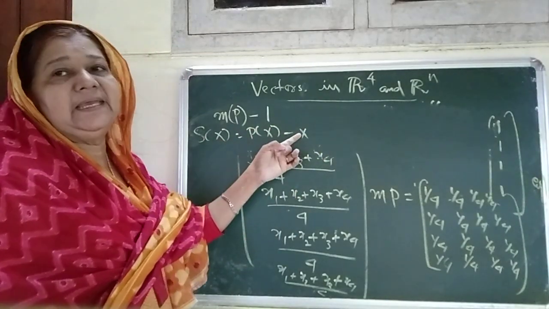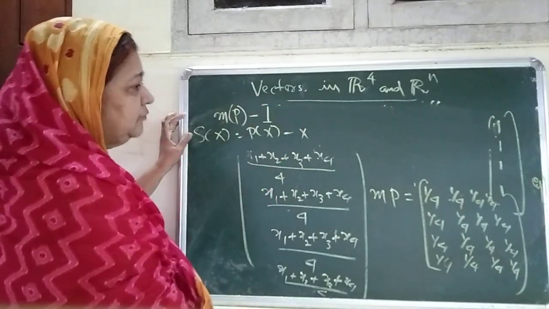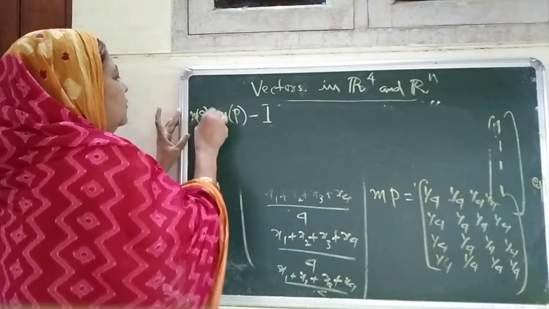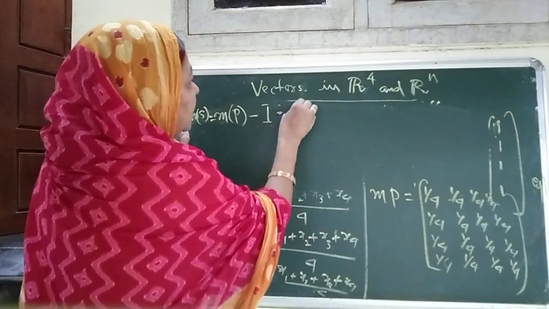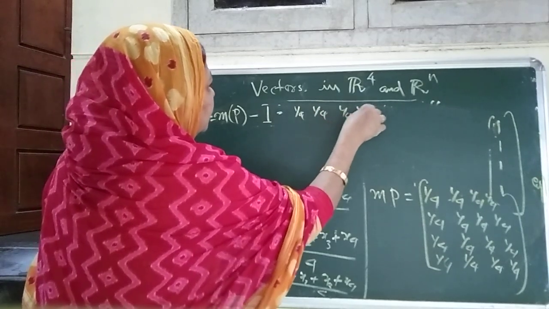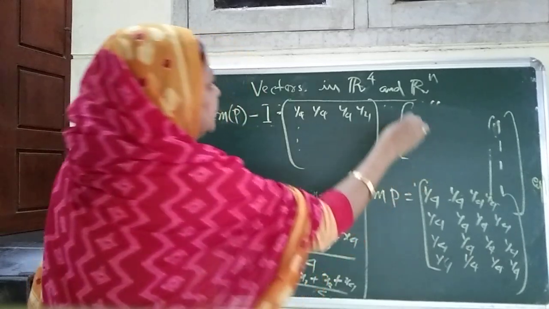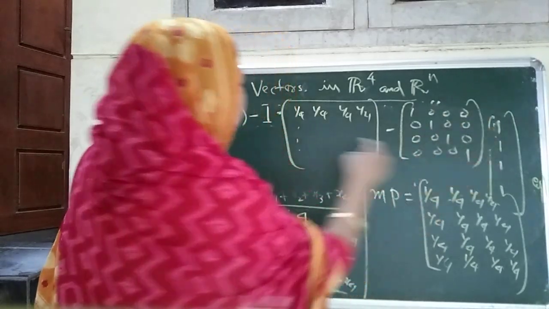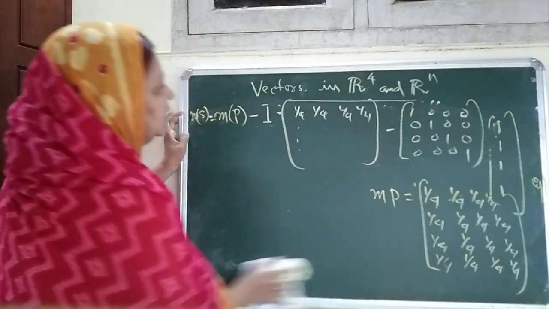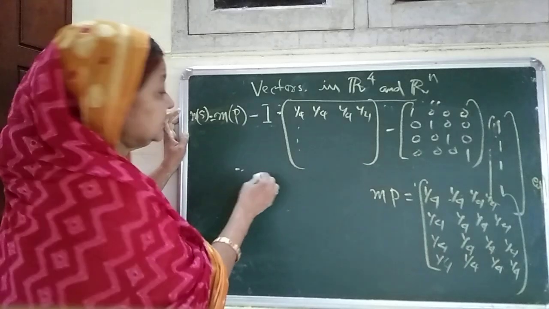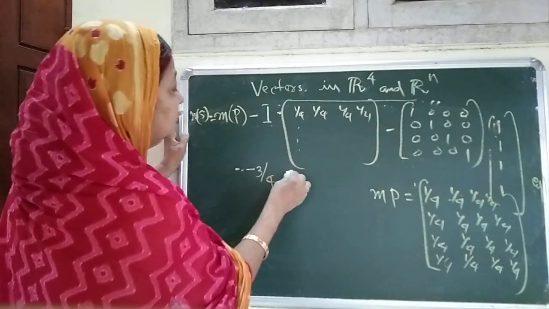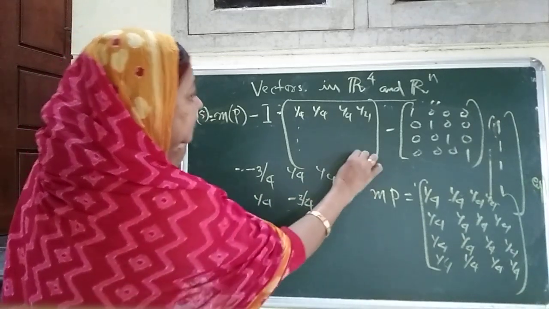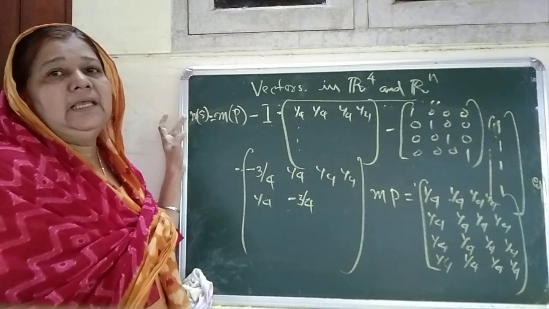Therefore, the matrix of S equals the matrix of P minus I. That is the matrix with all entries 1 by 4, minus I, where I is the identity matrix with 1s on the diagonal and 0s elsewhere. So the matrix of S has diagonal elements 1 by 4 minus 1, that is minus 3 by 4, and all the remaining elements have no change, 1 by 4. Thus we can find the matrix of the linear transformation.